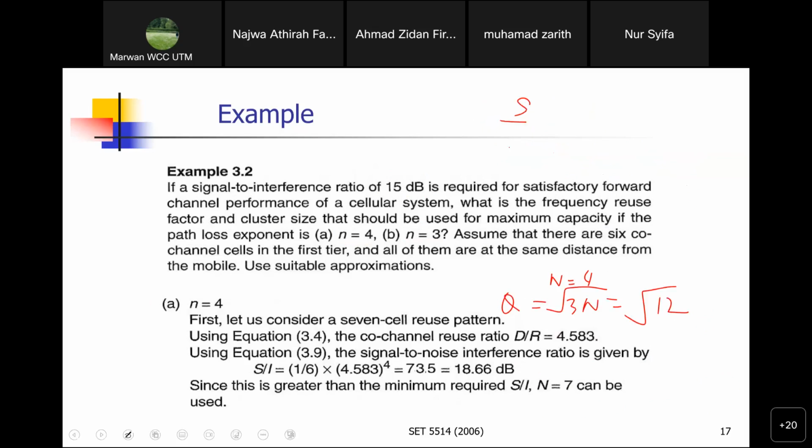S over I is equal to 1 over 6 times square root of 12 to the power of 4.